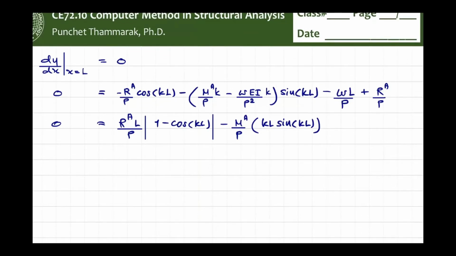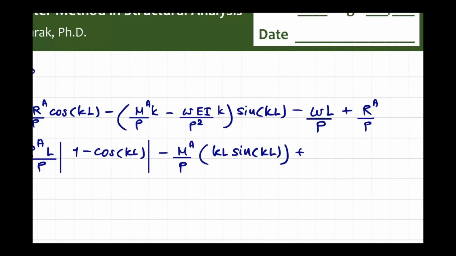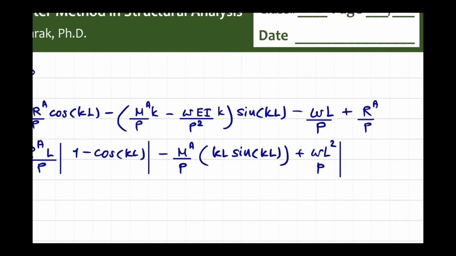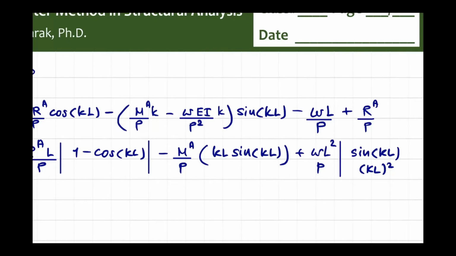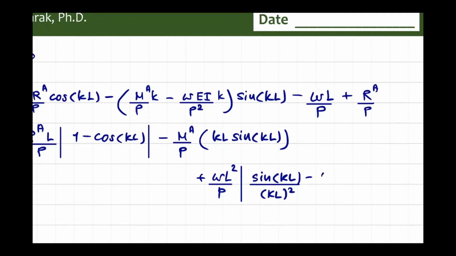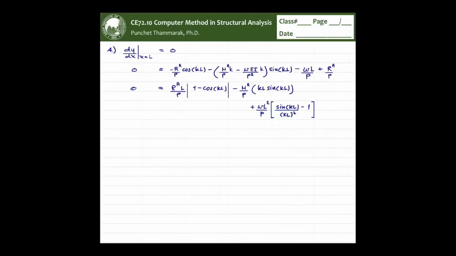Looks lovely. Plus WL square over P, and then in the bracket we have the sine KL over the KL square, and then minus 1. That's it.